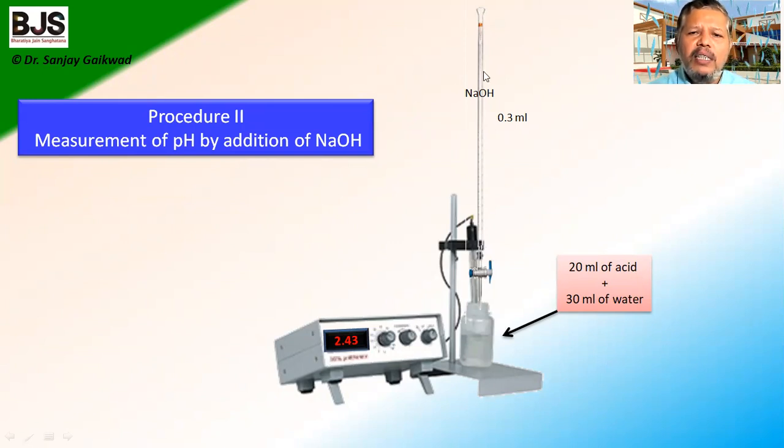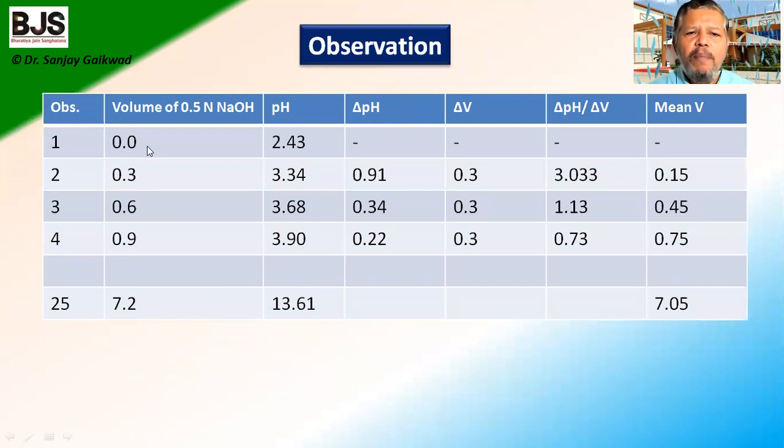As we add the NaOH solution from the burette, the NaOH interacts with the H plus, and the concentration of hydrogen ion decreases, and therefore the pH of the solution increases. At 0 ml addition the pH is 2.43, and when you add 0.3 ml of NaOH solution, the pH increases from 2.43 to 3.34.